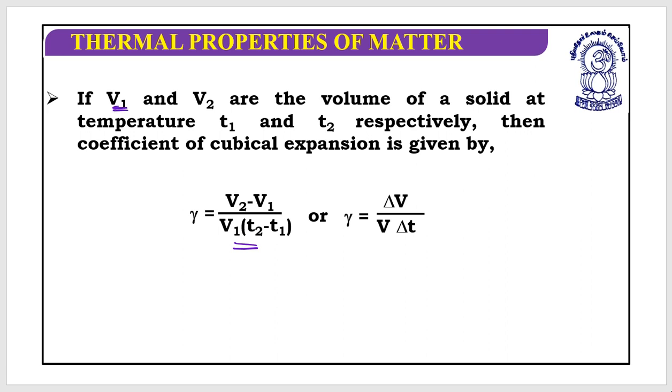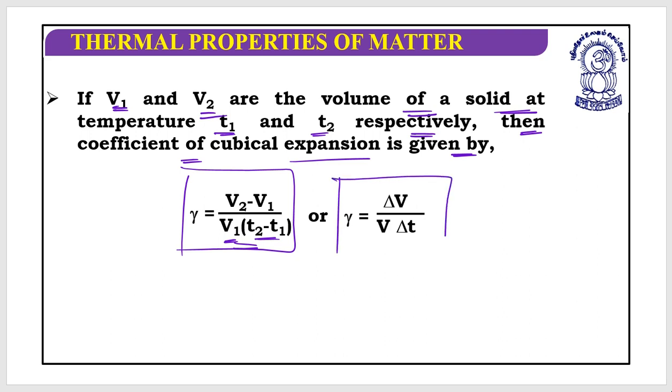V1 and V2 are the volumes of a solid at temperatures T1 and T2 respectively. Then the coefficient of cubical expansion can be given as gamma equals (V2 minus V1) divided by V1 into (T2 minus T1).